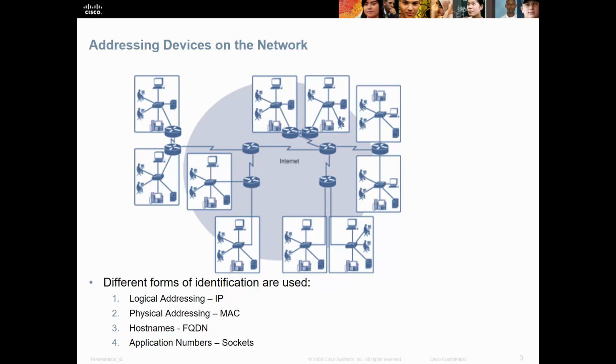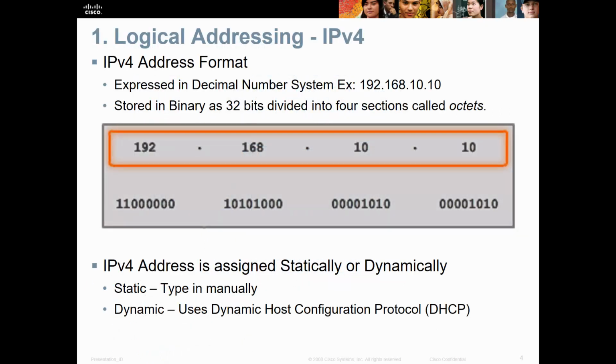So let's start with the first form of addressing the devices must have, and that's what we're calling logical addressing. So number 1, logical addressing. Logical addressing, as we said, is controlled by a protocol called the Internet Protocol, or IP. And we have different forms of IP addressing. The most important for us at this point is IPv4, version 4 addressing.